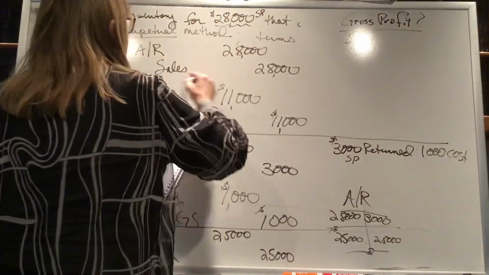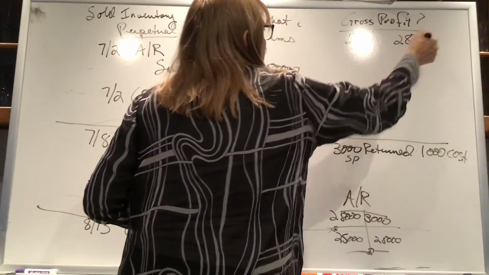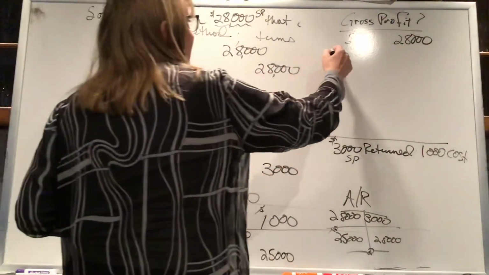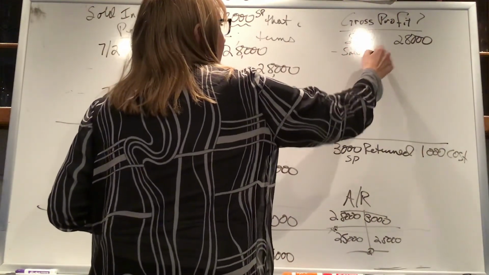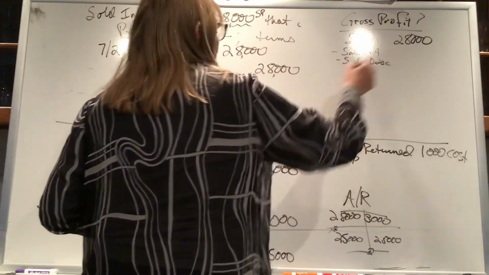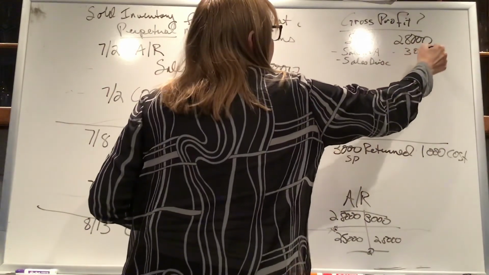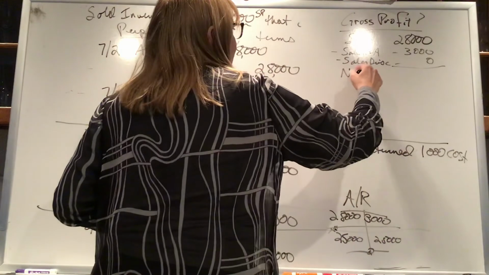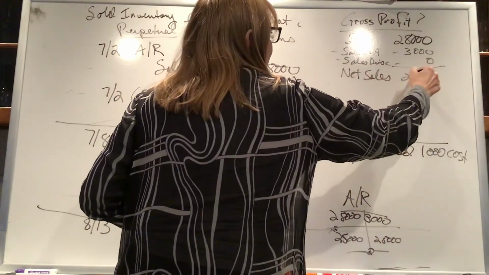In this case, sales is $28,000 on this transaction. And then we subtract sales, returns, and allowances, and sales discounts. So our sales, returns, and allowances was 3. We didn't have any discounts. So remember, our net sales would be $25,000.